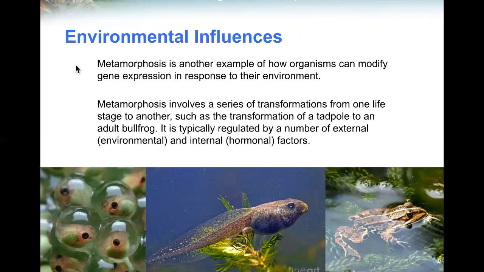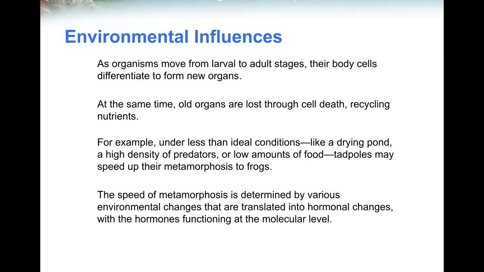Metamorphosis is another example of how organisms can modify gene expression in response to their environment. Metamorphosis involves a series of transformations from one life stage to another, such as the transformation of a tadpole to an adult bullfrog. It is typically regulated by a number of external, environmental, and internal, hormonal factors.